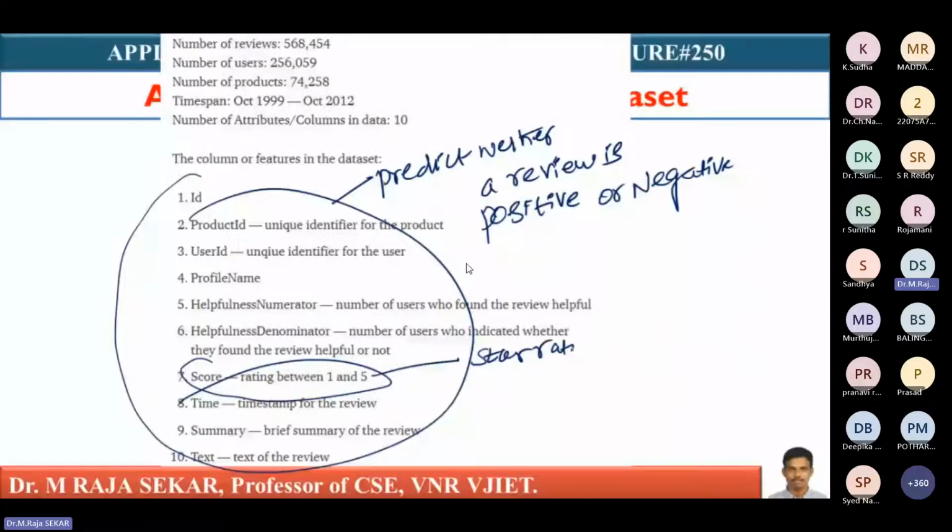Once I train this KNN algorithm by using this particular data set, for new queries it will automatically say how many reviews are positive and how many reviews are negative.